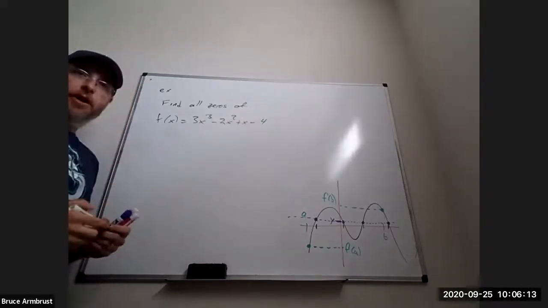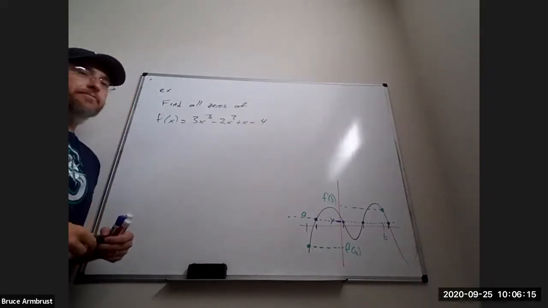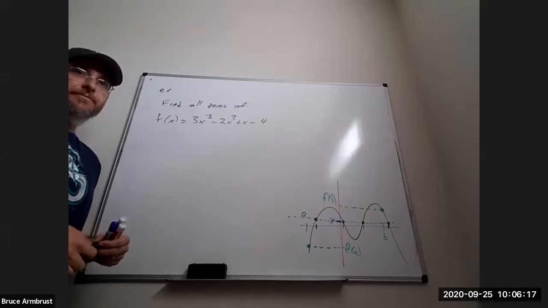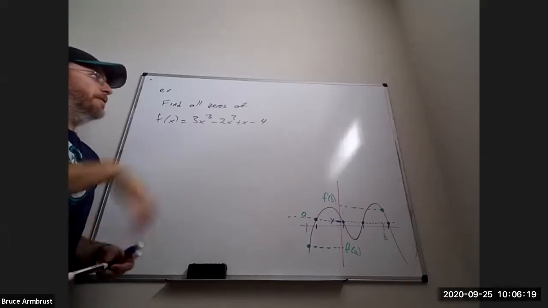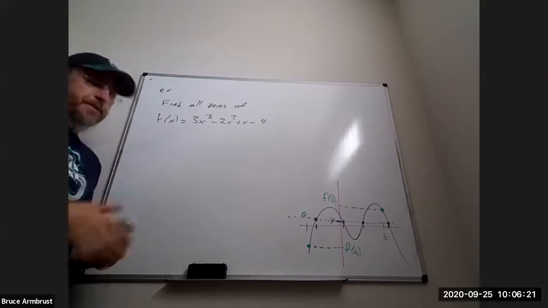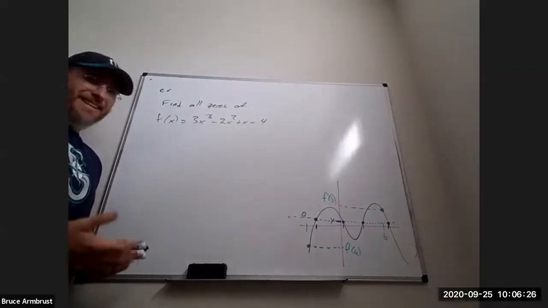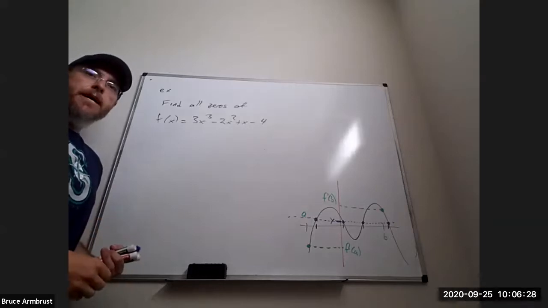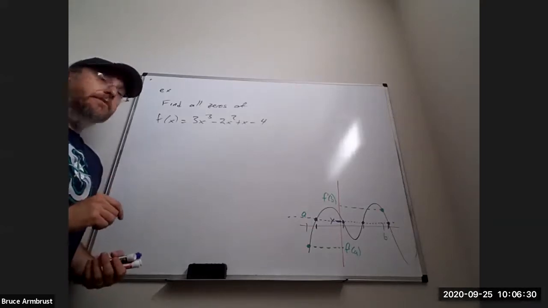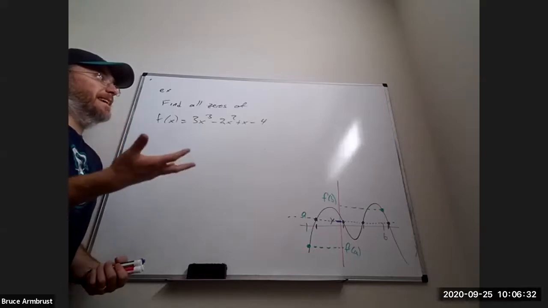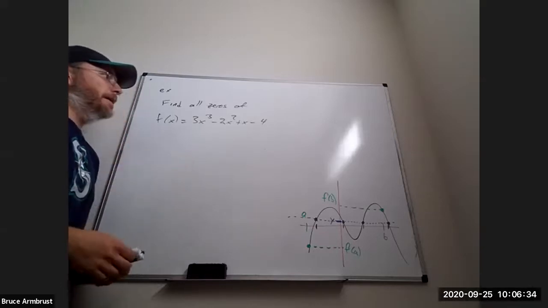So you remember this kind of problem, I'm sure. Another way of thinking about this, finding all zeros, means find all x-intercepts. And so you have all kinds of theorems and things that you can use to try to find them. But when all else fails, you do something like this.